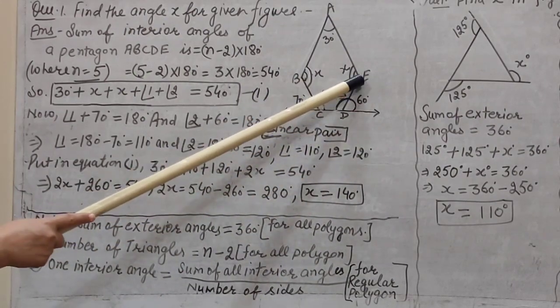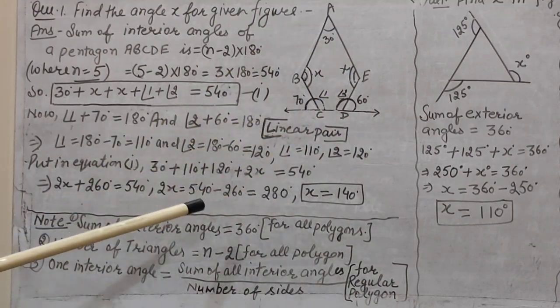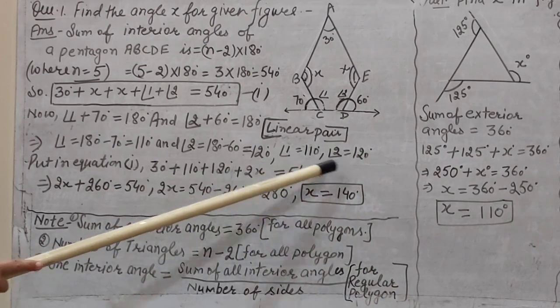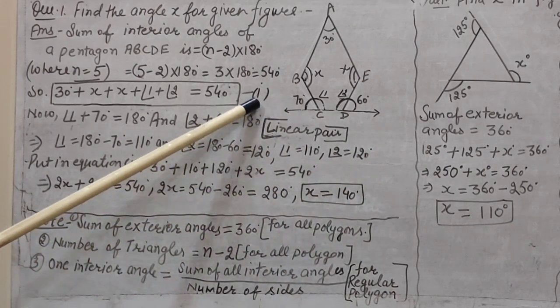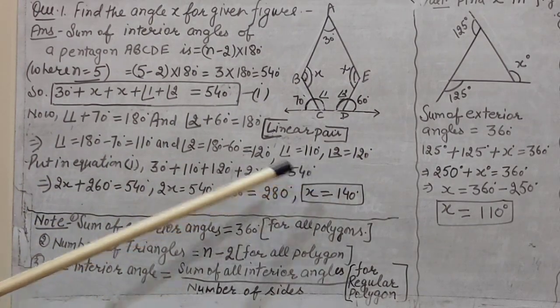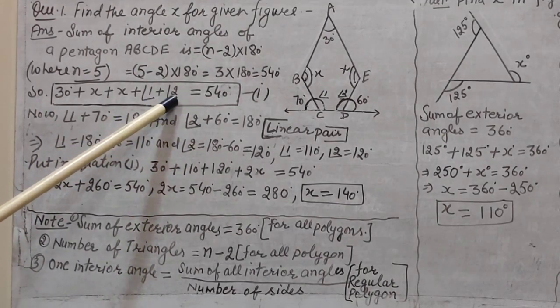Now only two angles left which are equal and whose value is x. Now put the value of these two angles, that is 110 and 120, in equation 1, at place of angle 1 and angle 2.